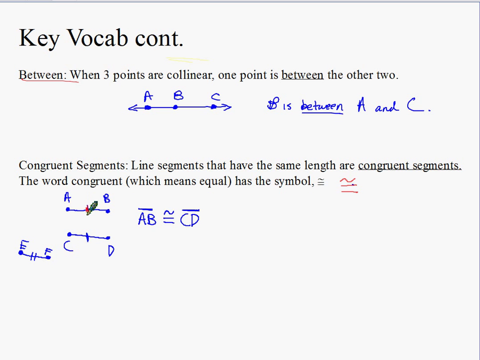So AB has 1 dash, CD has 1 dash, EF has 2 dashes. What does that mean? EF is not the same length as CD and AB. As you see, I've written out the statement: line segment AB is congruent to line segment CD. Questions? Next card.